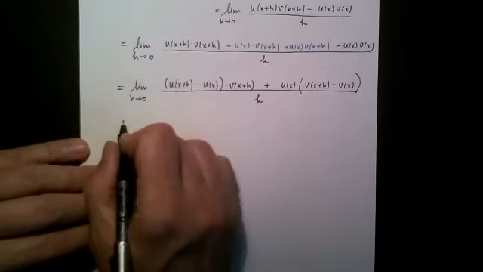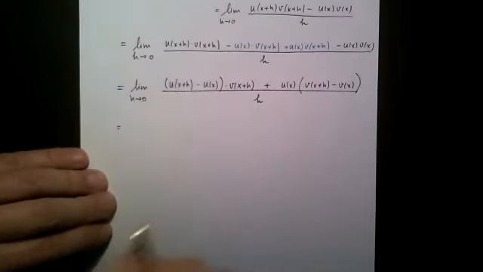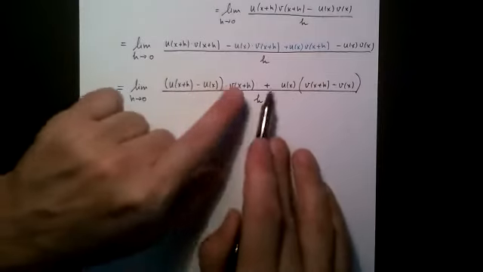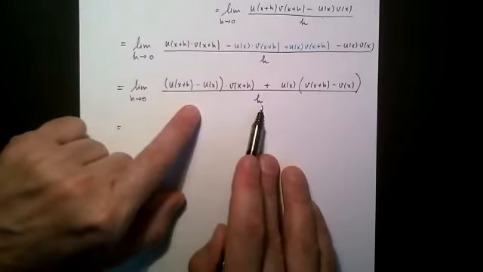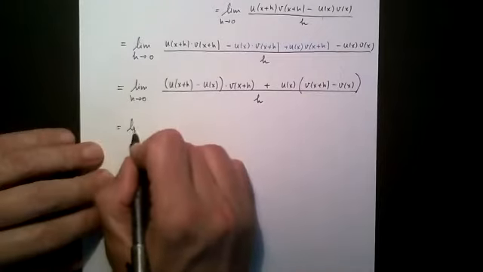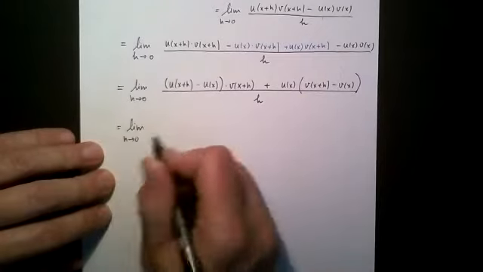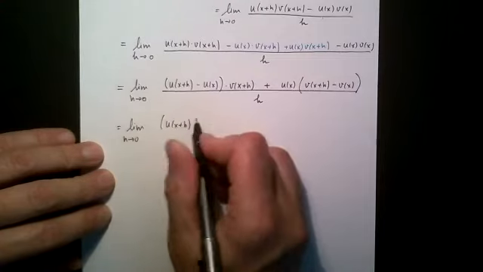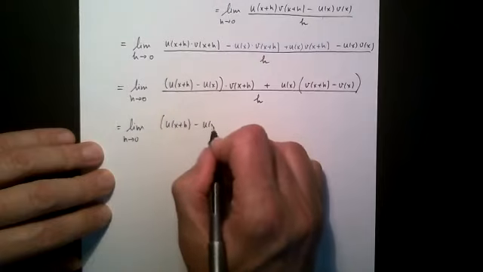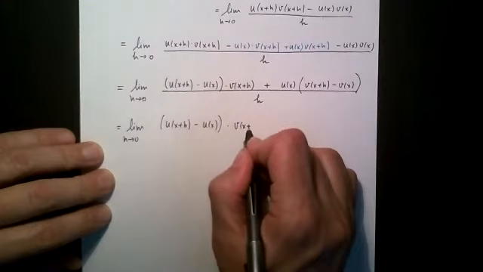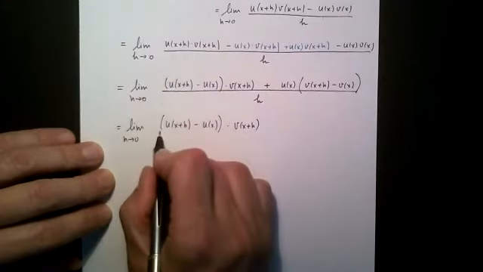So now I have one big term plus another big term, so I'm going to separate the fraction into two fractions, this term over h and this term over h. The limit as h approaches 0 of u of x plus h minus u of x, times v of x plus h, all this over h.